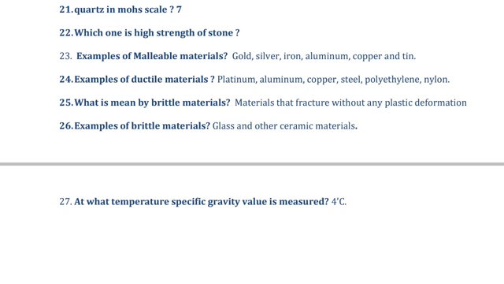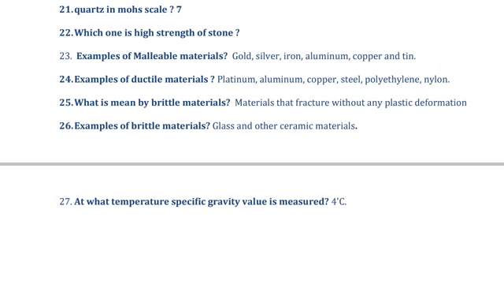And the 25th one, what are brittle materials? A brittle material is nothing but a material that fractures without any plastic deformation. It is termed a brittle material. The examples of brittle materials are glass and other ceramic materials.